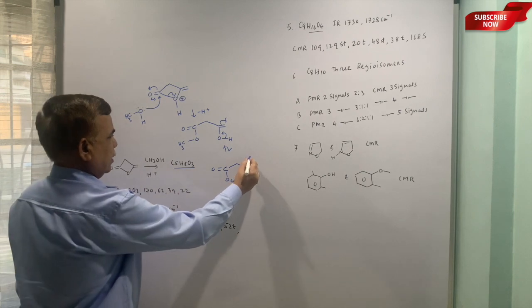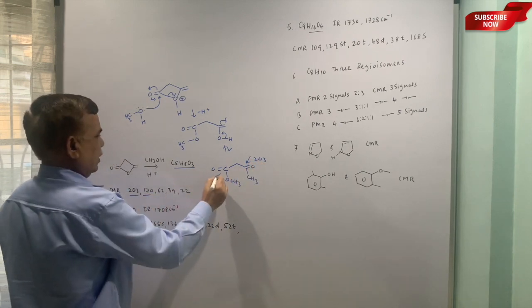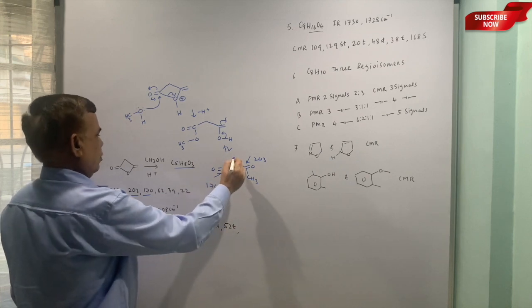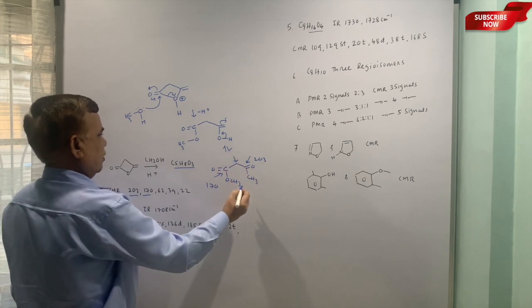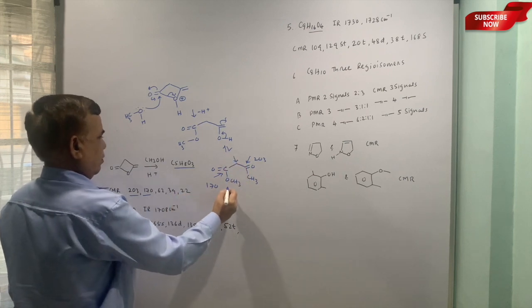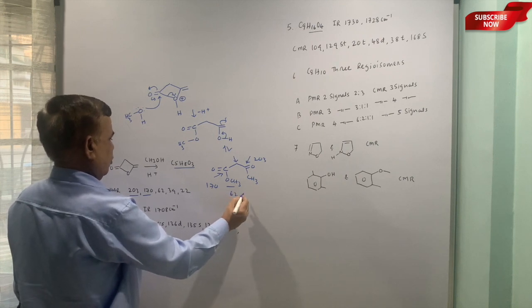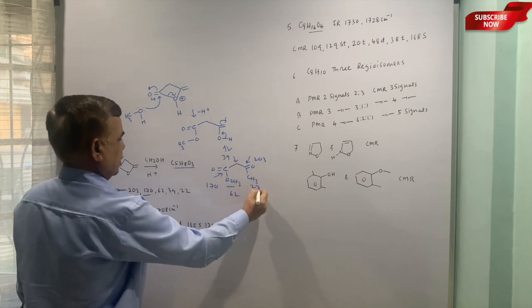203 is this ketone, 170 stands for this ester, 62 looks like OCH3 in this case, this looks like 39, this looks like 22.